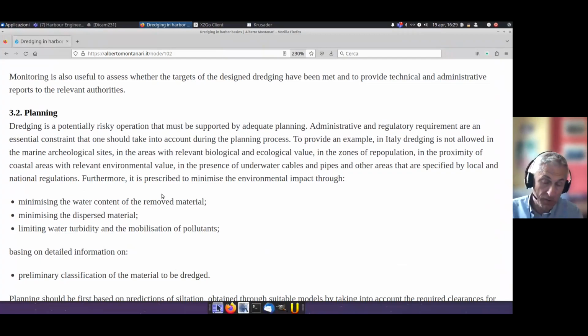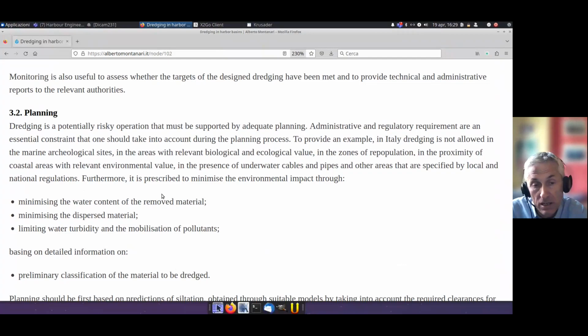For instance, in Italy, dredging is not allowed in marine archaeological sites, in areas with relevant biological and ecological value, in zones of repopulation in terms of fishery, in the proximity of coastal areas with relevant environmental value, in the presence of underwater cables and pipes, and other areas specified by local and national regulations.